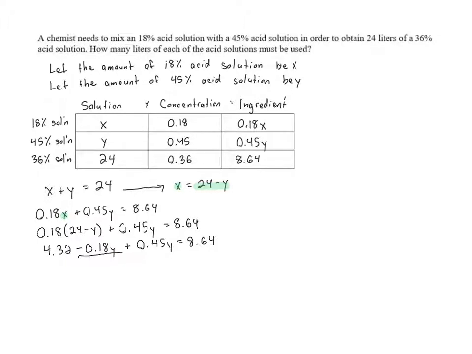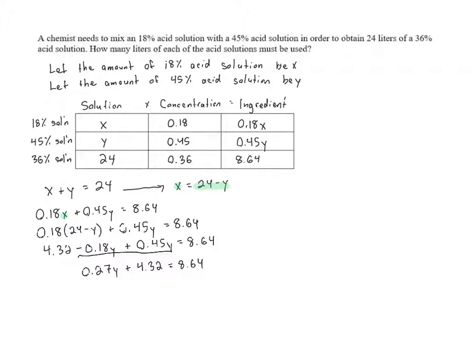If we take negative 0.18y plus 0.45y, we end up with 0.27y. So we have 0.27y plus the 4.32 that we had before, and that equals 8.64.